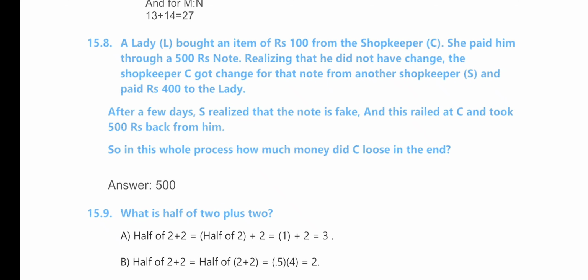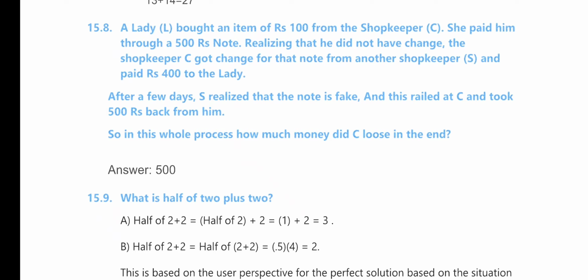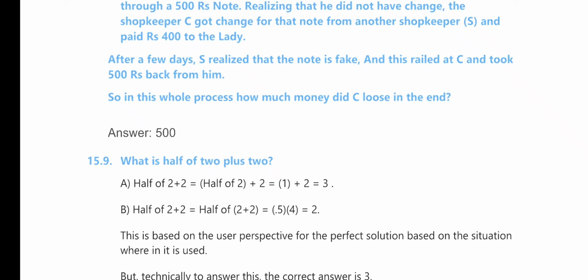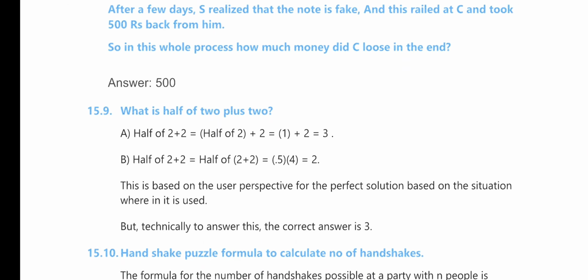After a few days, the another shopkeeper realized that the note is fake and returned to the primary shopkeeper and took 500 rupees back from him. So in this whole process, how much money did the shopkeeper lose in the end?